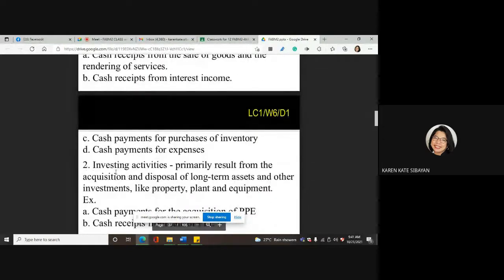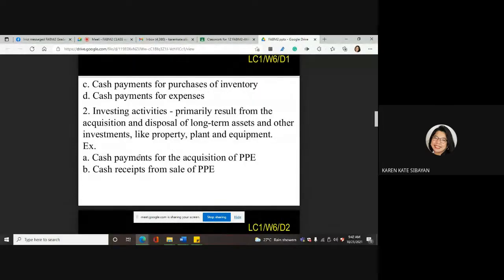Another activities is the investing activities, okay? It is primarily result from the acquisition and of course disposal of long-term assets and other investments like property, plant, and of course, equipment. For example, cash payments for the acquisition of PPE.